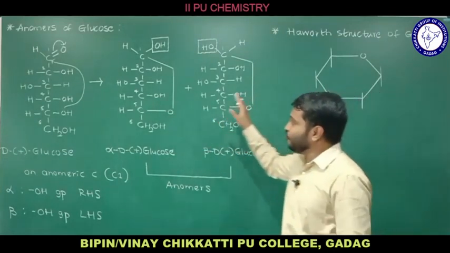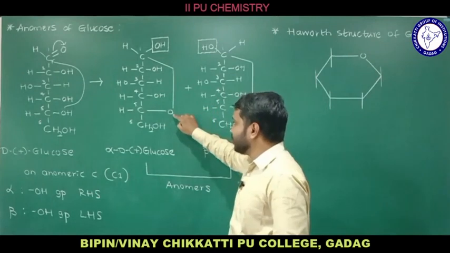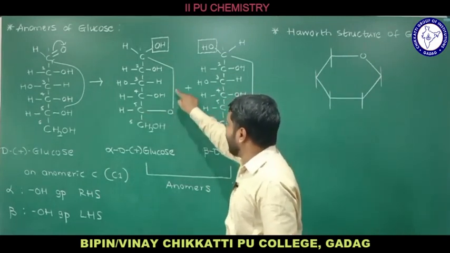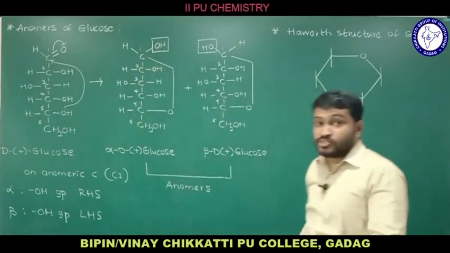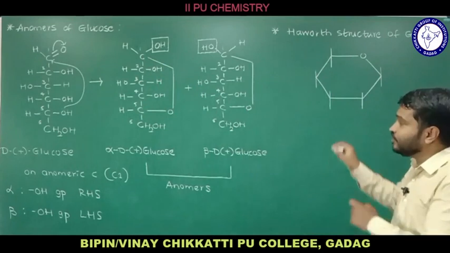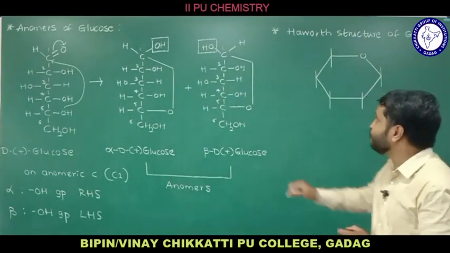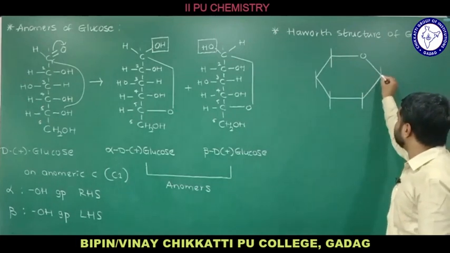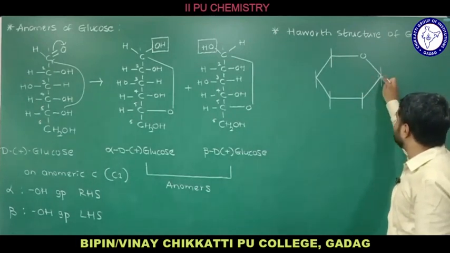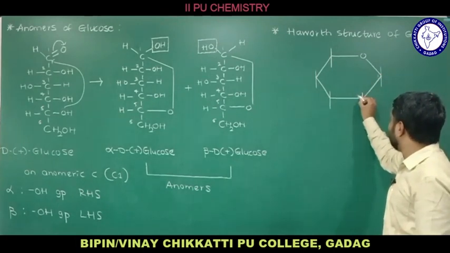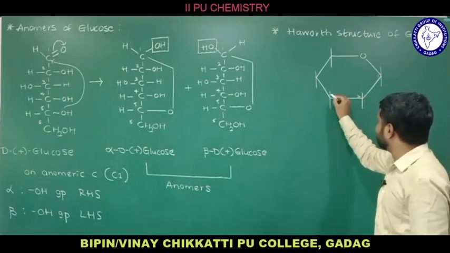If you consider, we have oxygen. The oxygen atom is in between carbon number 5 and carbon number 1. So you should number this skeleton in such a way that the oxygen is present between 1 and 5. Therefore this is carbon number 1, this is carbon number 2, and this is carbon number 3.